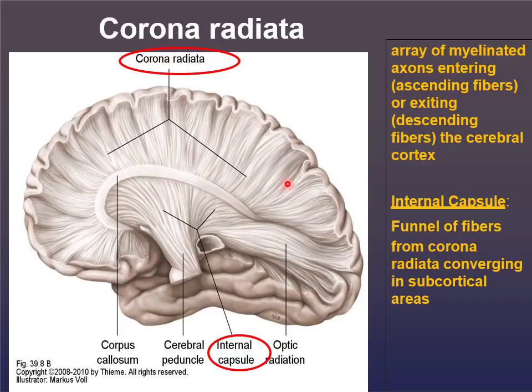It's a fan of myelinated neurons that go up to the entire cerebral cortex, from the frontal lobe all the way to the occipital lobe, and it carries fibers from deep structures, as well as sending fibers down into the corticospinal tract, coming from the motor cortex down into the cerebral peduncle, and a narrow portion where it all comes together is the internal capsule. We also see optic radiations of the axons that are going from the thalamus over to the occipital cortex.